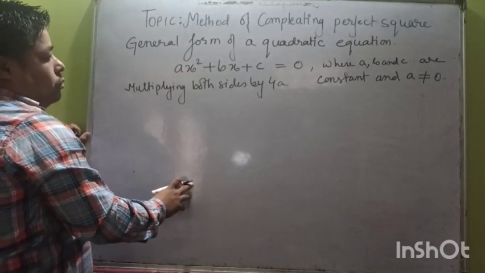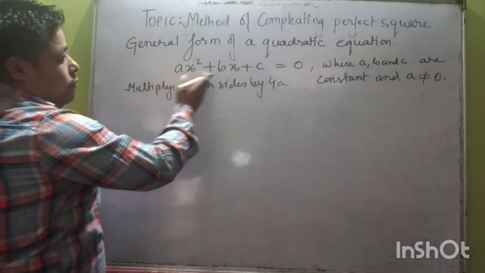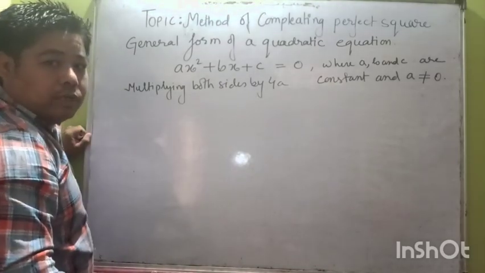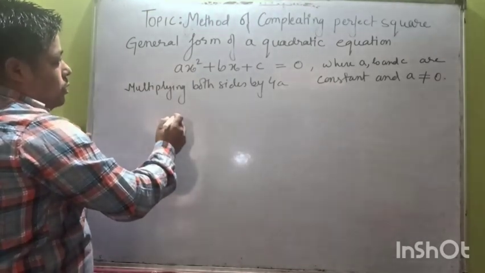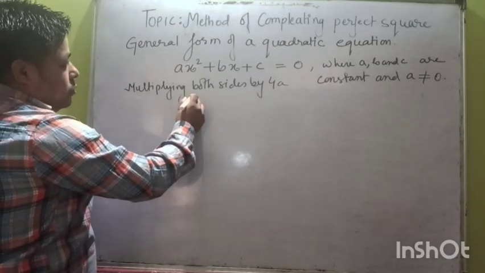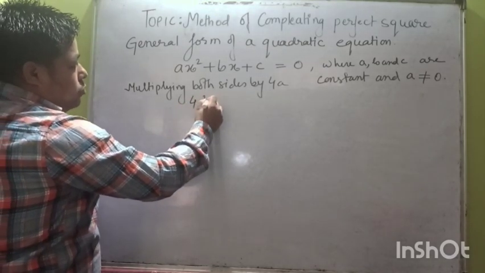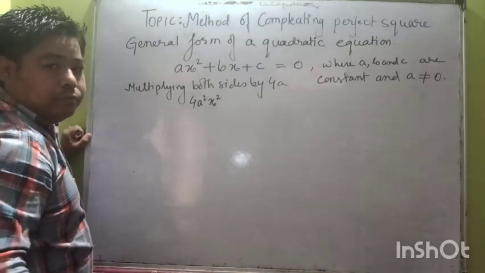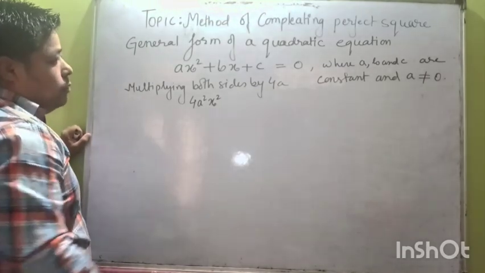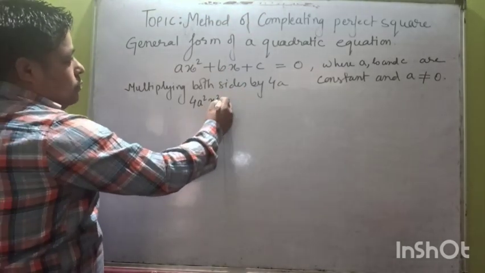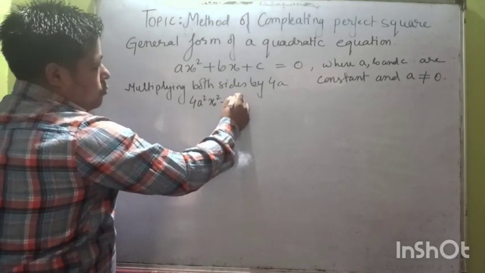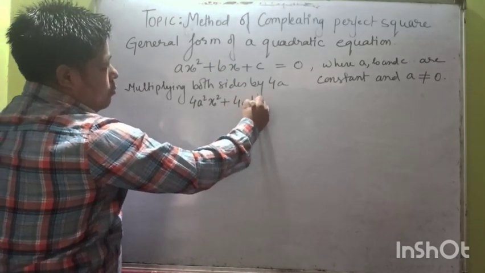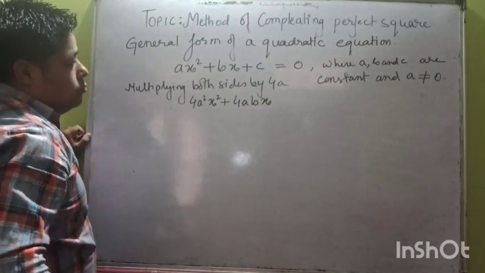Now, let's first multiply the left hand side of the equation by 4a. If you multiply 4a to ax square, it will become 4a square x square. Now, if you multiply 4a to the second term, that is bx, the second term will become 4abx.